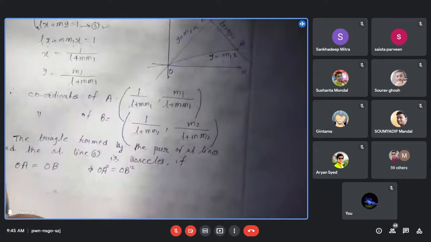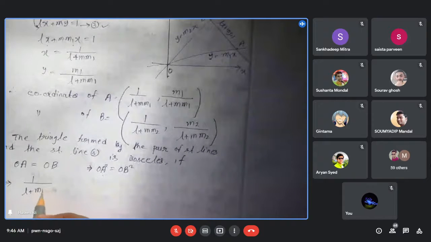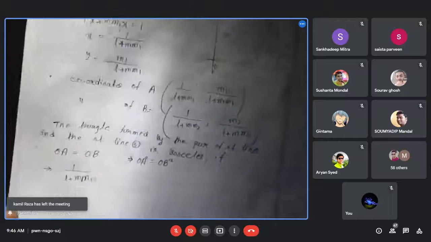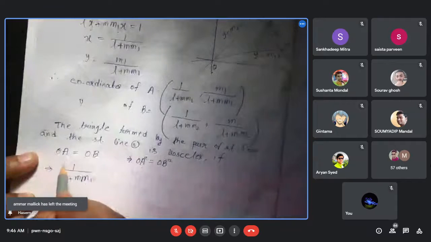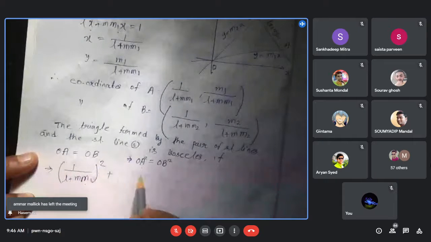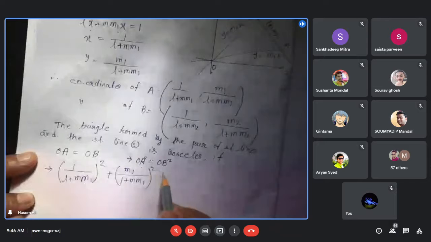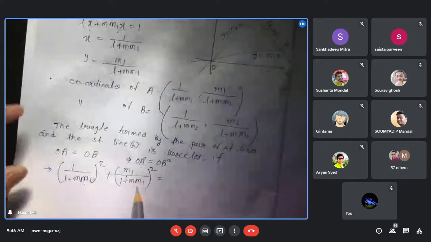So therefore, this will be 1 by L plus M1, that means x1 minus 0, squared, plus M1 by L plus M1 minus 0, squared.